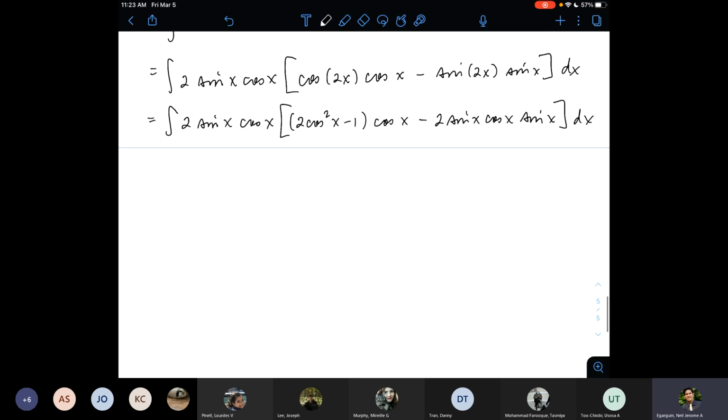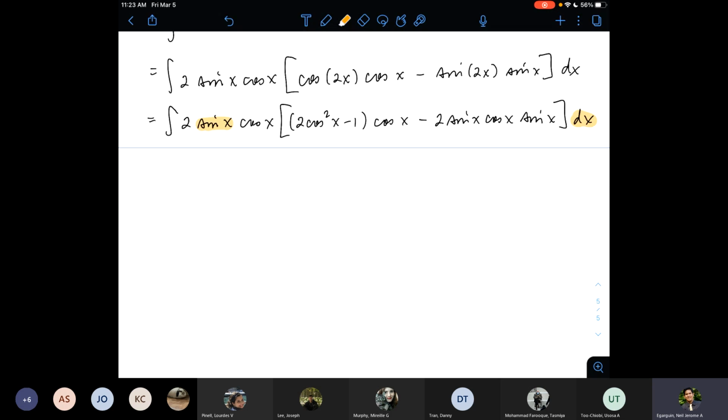Hopefully I don't miss any trig identity here. Okay. And then my strategy here is to see if I can write everything in terms of cosines except for this factor, because I'm hoping that this factor together with dx will be my du, right? So essentially my goal is to let u be equal to cosine x, and then I'm reserving that sine x dx to be my du, right?